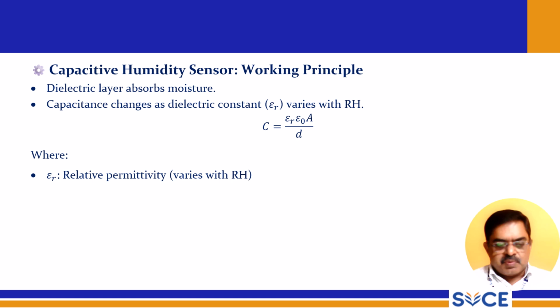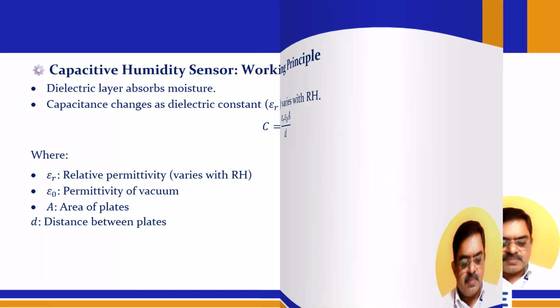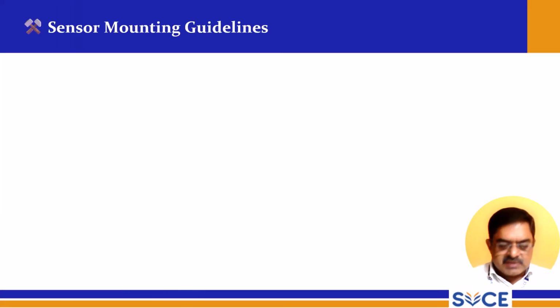Epsilon R is relative permittivity, it varies with RH, relative humidity. Epsilon naught is permittivity of vacuum, A is area of plates, and D is distance between plates.